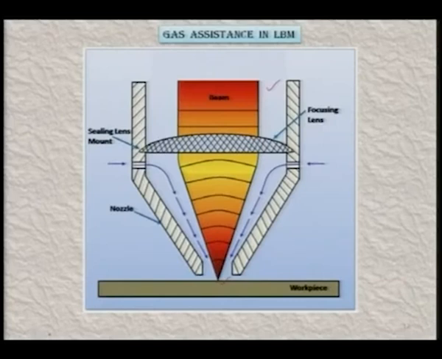To help in the ejection of the molten material and oxidation of the workpiece material, you can use this particular gas arrangement, where gas is supplied through the ports and comes along with the laser beam and helps in the laser beam machining process. This gas is supplied with the help of a nozzle as shown here.